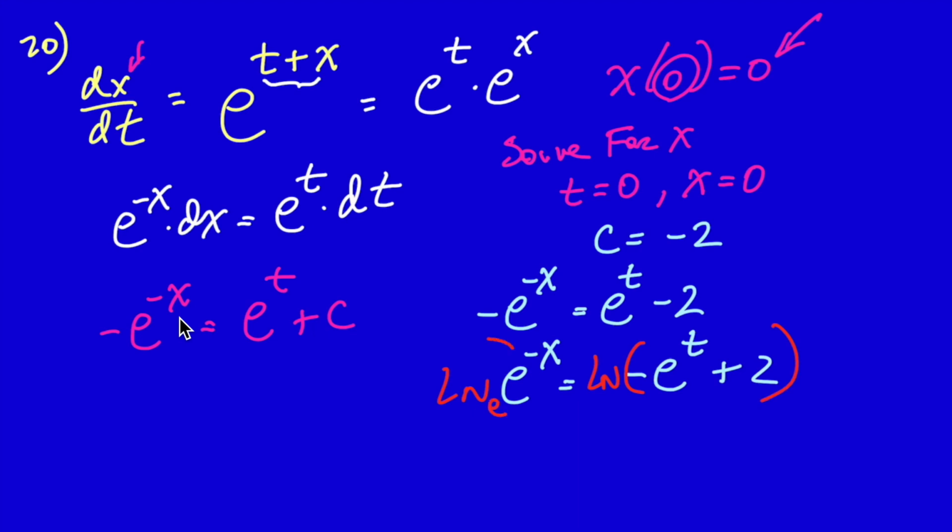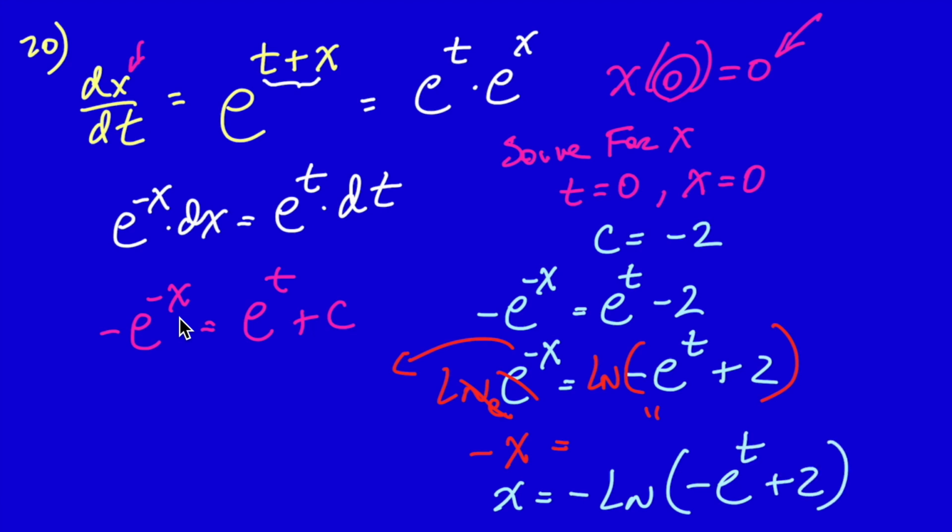There's an e here. That negative x is going to come out front. ln of e is just 1. So we're going to have negative x equals this, and then we're going to multiply both sides by the negative, and we're going to have x equals negative ln of negative e to the t power plus 2.